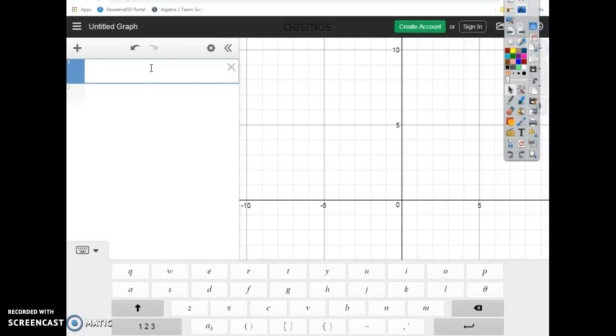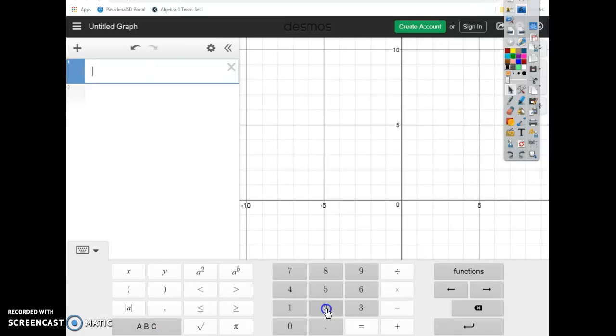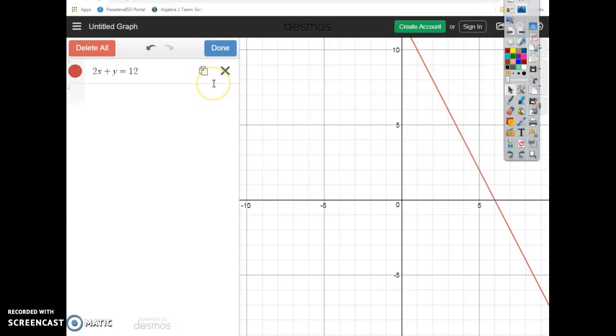Okay, so let's type letter A first. Everybody's typing. 2x plus y equals 12. Okay, and you're going to hit the gear button. This little settings. Where's my table? Hold on.